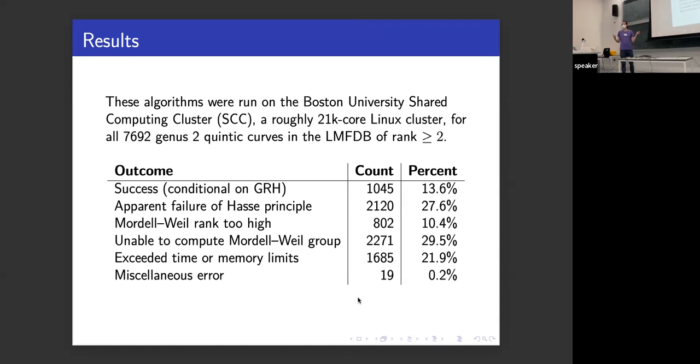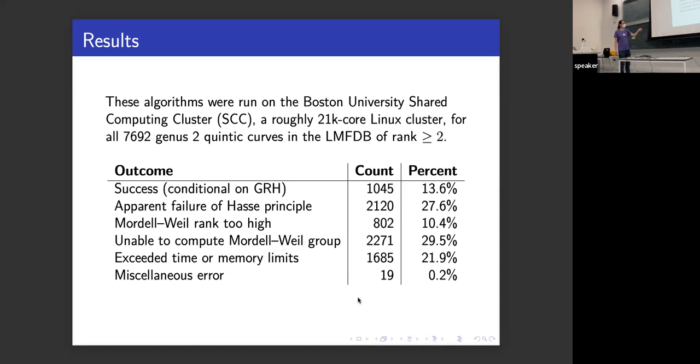So this is where we get something of rank 5 or higher, or in the reducible case, it might split into a degree 3 and degree 2 factor, and maybe they both have rank 3, so we're out of luck, that sort of thing. About 29.5% of the time, Magma was unable to compute one of these Mordell-Weil groups. That's the real computational bottleneck.